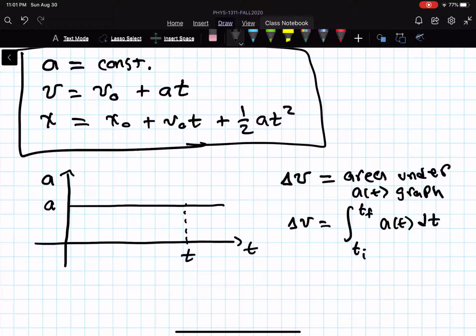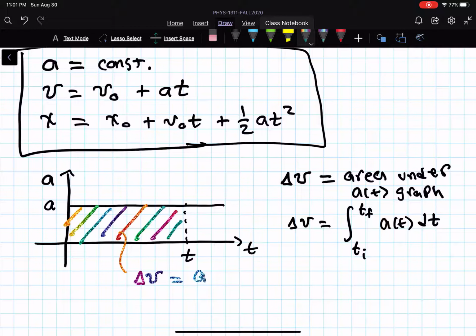And so graphically here, for our particular case where the acceleration is a constant, our initial time is 0, and our final time is t, and the area that we're interested in is this area. And that area is my delta v. Delta v is equal to a t, right?